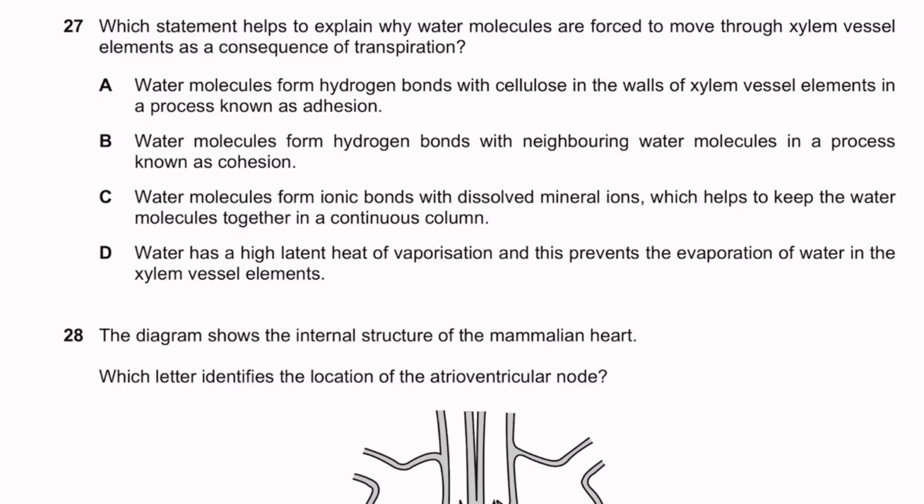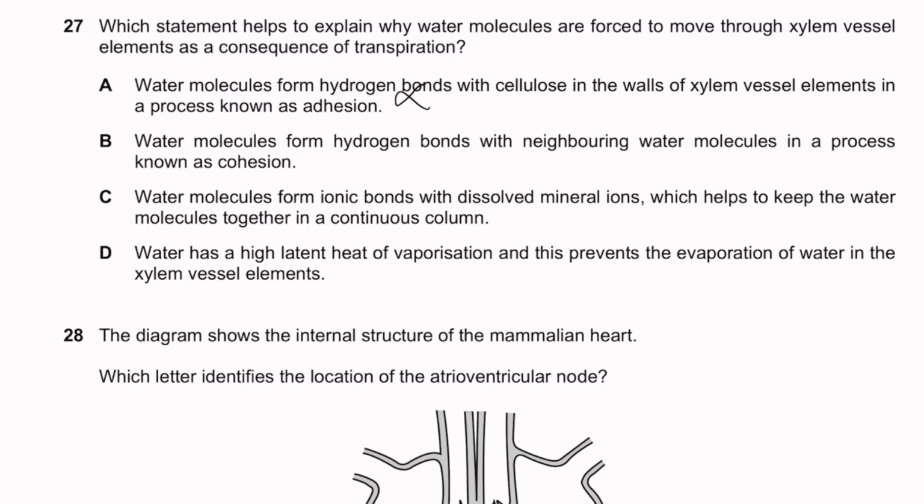Adhesion is something that happens as the water molecules move because of transpiration. So I would say no. But the second one is water molecules form hydrogen bonds with neighboring water molecules in a process known as cohesion. You could argue the same thing, but actually cohesion is basically water moving together as one unit, and mass flow is also happening. So maybe this could be an option.